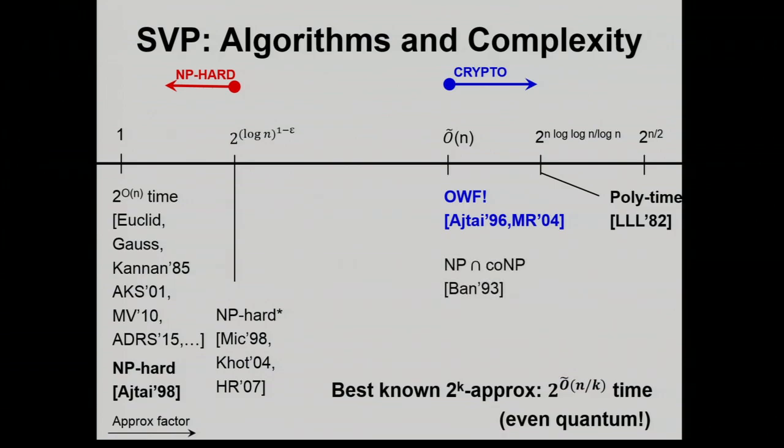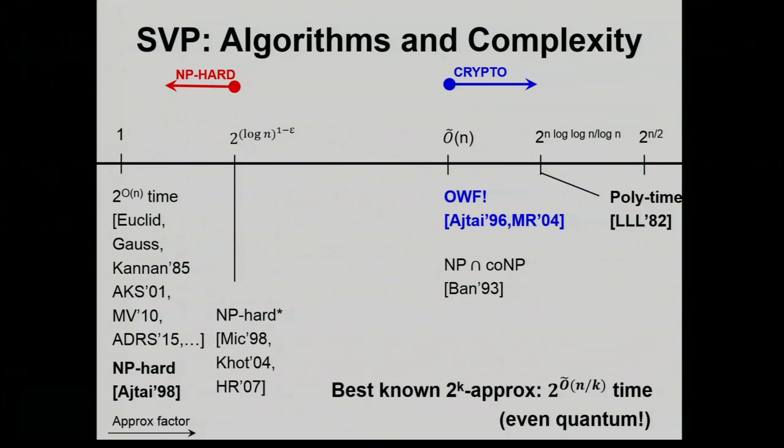Yes, so unfortunately, it turns out that approximating the shortest vector is in NP intersect co-NP. The approximation factor is very important in deciding whether this problem has structure or not. Less than 2 to the log n to the 1 minus epsilon, it doesn't have any structure because it's as hard as that.